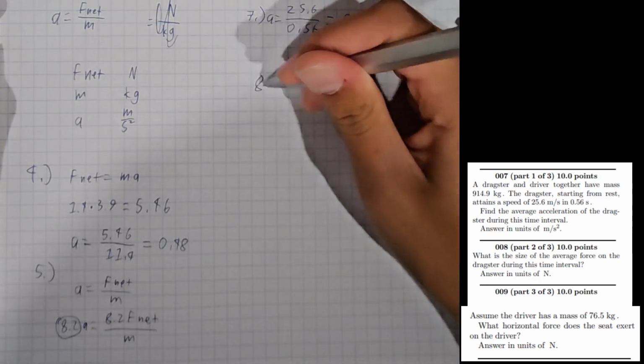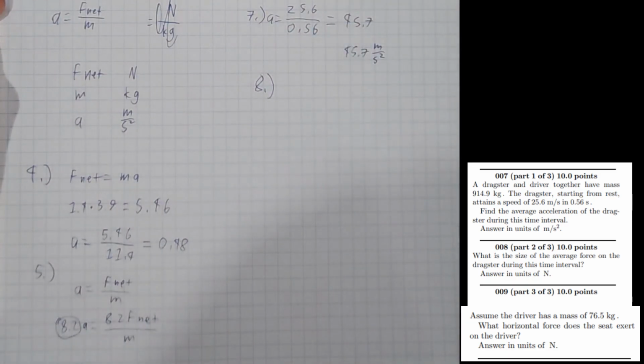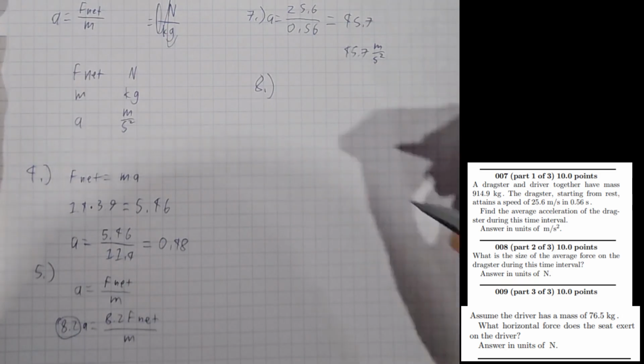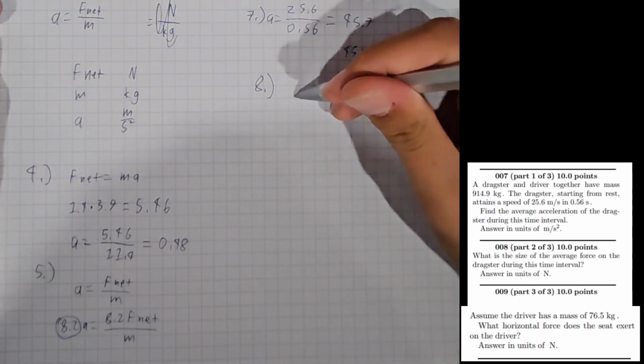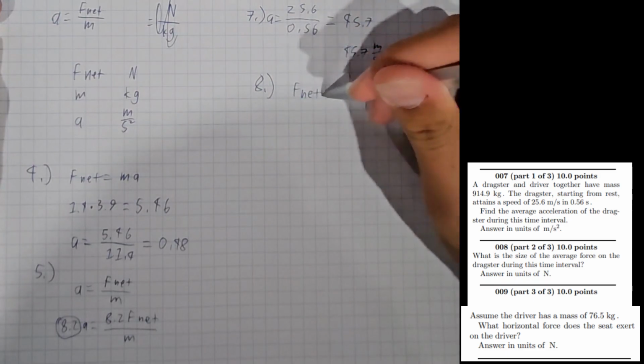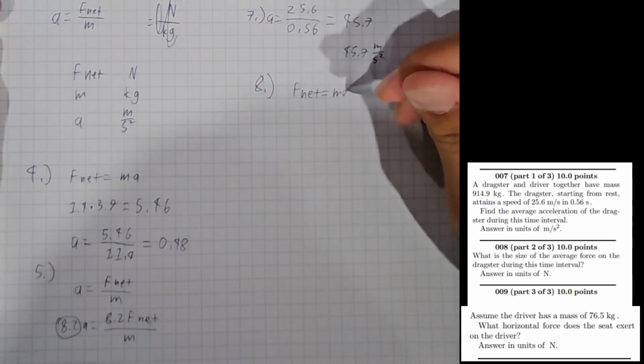Then for part 2, now that we know this value, we can apply it to the weight of the dragster and driver. So you are just going to use this again, right? The net force is equal to mass times acceleration.